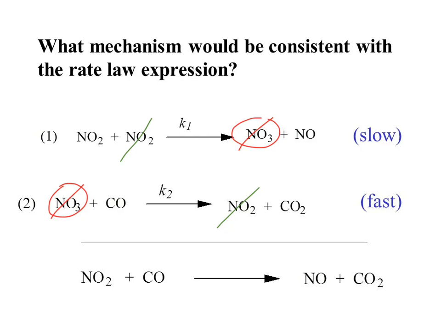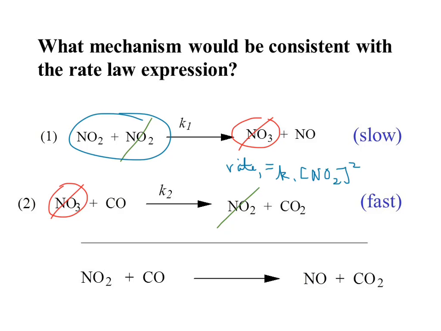But the point is that if we came up with something called rate 1, rate 1 being the rate of the first elementary step, we would focus on the reactants only. So that would be second order with regard to NO2, equal to K1 times the molar concentration of NO2 raised to its molecularity, which is 2.